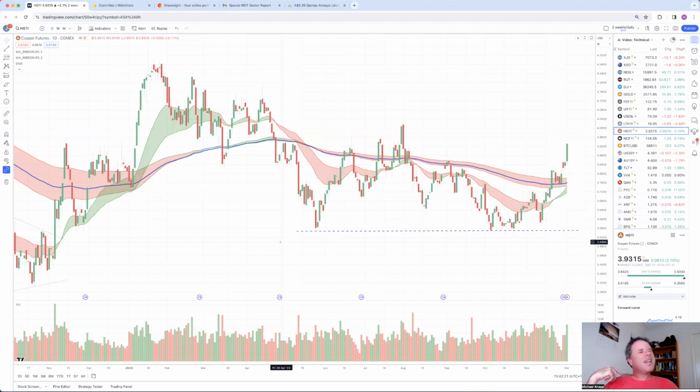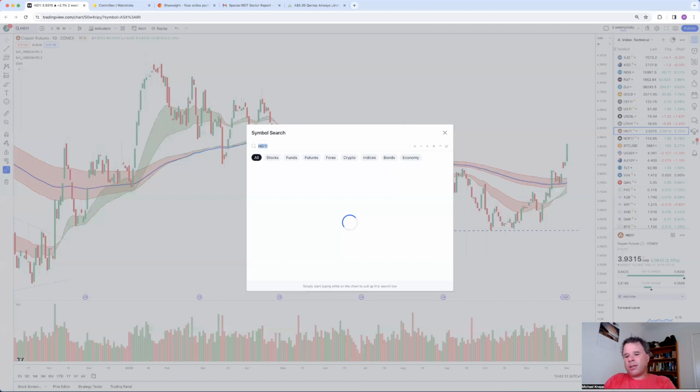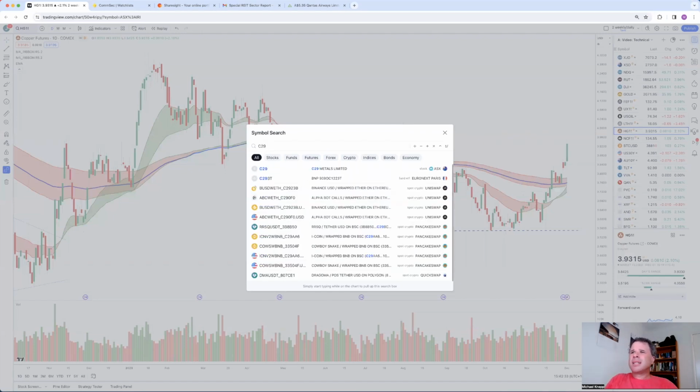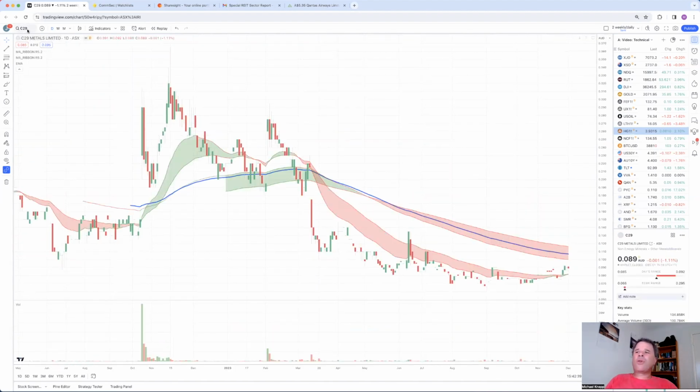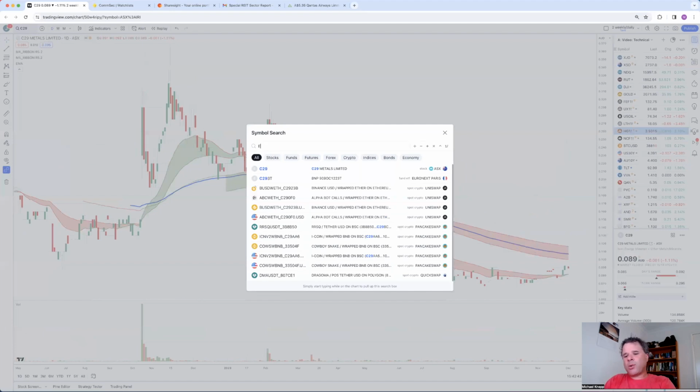C29. Is it C29? C29, the company with the Capricorn mine north of... C29 doesn't sound right. C29 Metals. Is that the company I'm thinking of? Or is it E29?